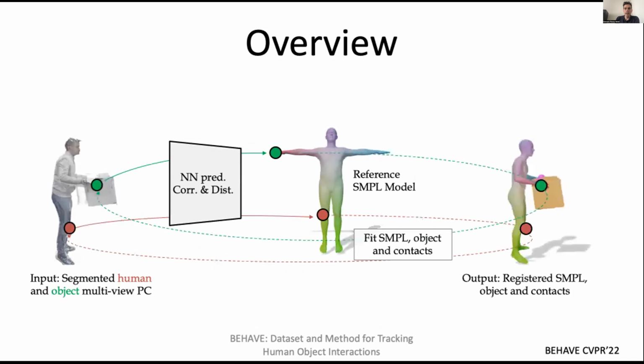We call this the neural reconstruction, in a way that we can then fit the parametric model of the human and the object to these neural reconstructions in order to obtain the best of both worlds: the learning-based mechanisms and the more optimization-based mechanisms.